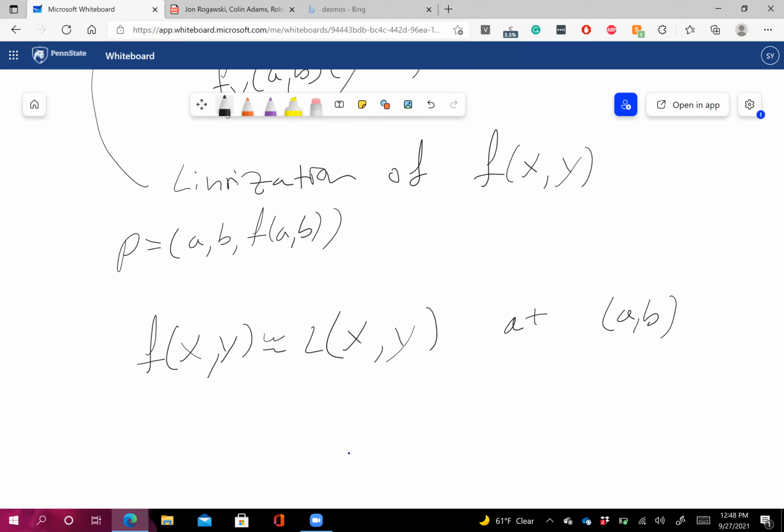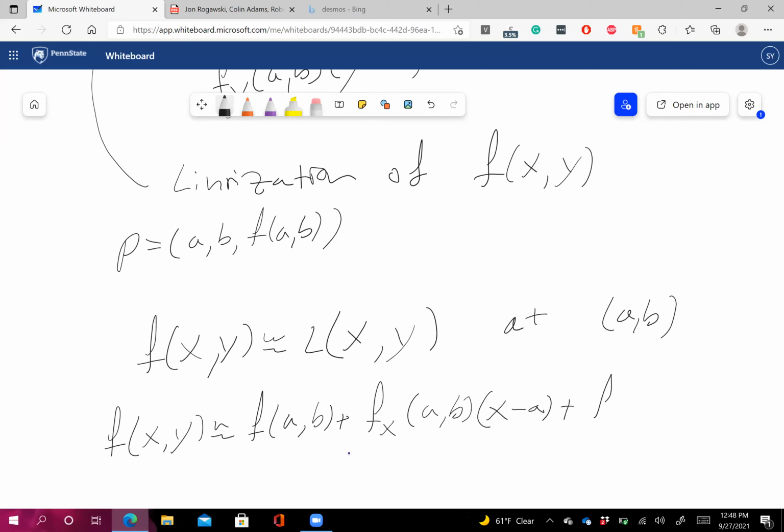So there is some approximation between this linearized equation and our f, which means that f of xy is approximately f of AB plus the partial of f with respect to x at AB, x minus a, plus the partial of f with respect to y at AB, y minus b. Any questions?